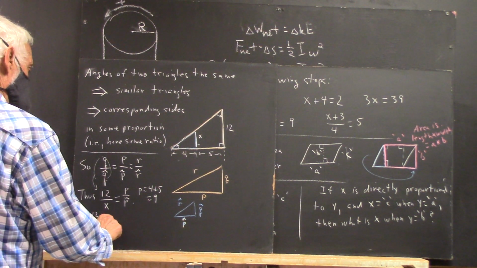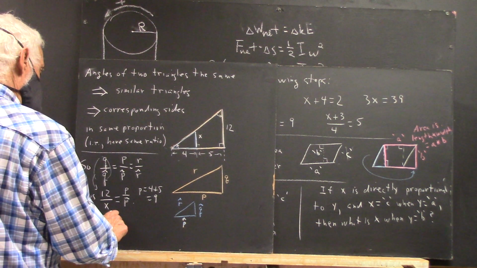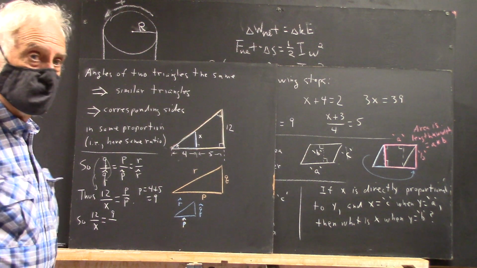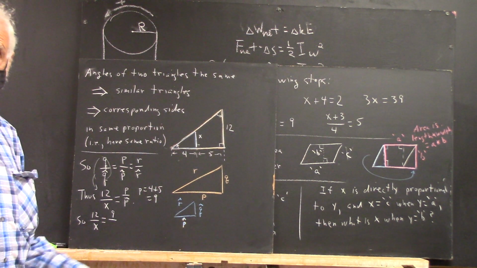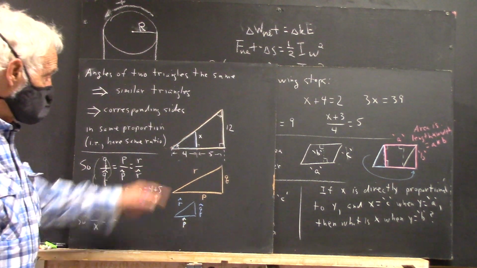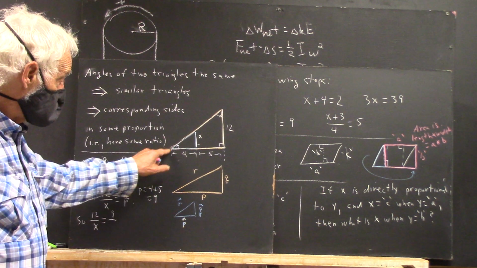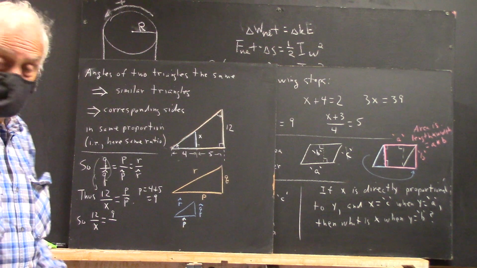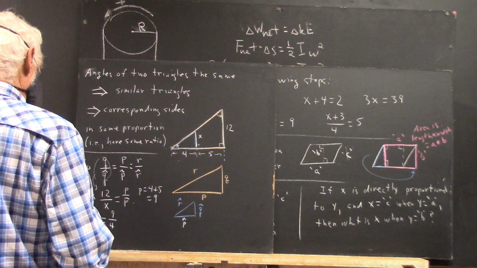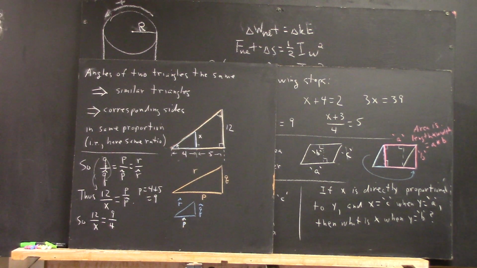So 12 over x equals 9 over what's P hat? Show me P hat. Well, here's your blue triangle, right? P hat is 4, right? Then how do we solve this?